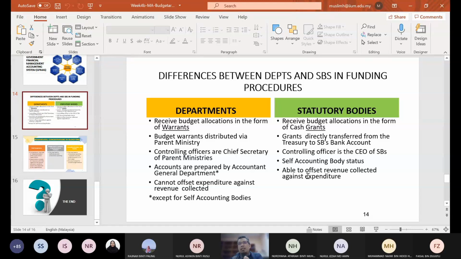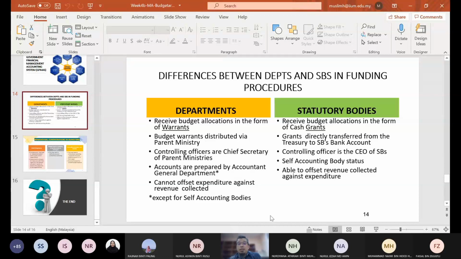They collect tax money, and the tax is channeled to the government, but they receive fees for their revenue. Other than that, for departments and statutory bodies, the money is directly channeled to the treasury.